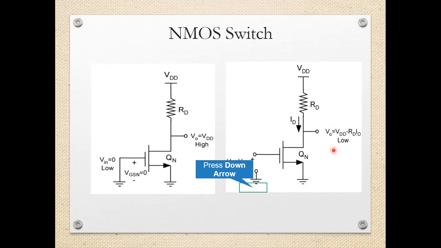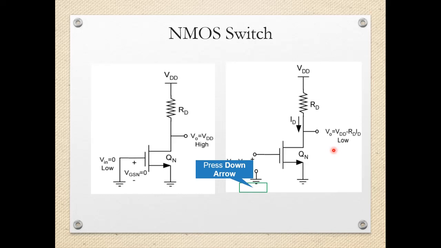We'll see the next condition in which the input is equal to VGS or logic high. At that time this NMOSFET will turn on, and the output will be connected to ground through the switch.